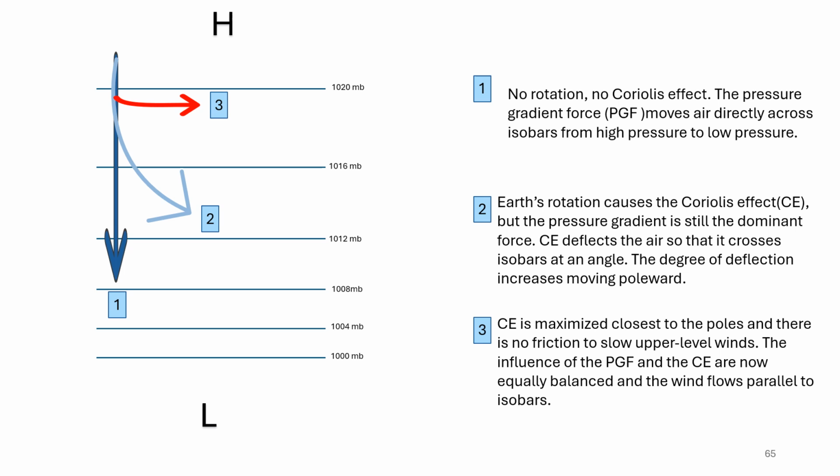They are in equilibrium. They are both exerting the same amount of influence, and that causes the Coriolis effect to bend a lot more than it normally would, and it actually pushes that wind flow parallel to the isobars. We call that parallel flow geostrophic flow, and the winds that are blowing parallel to the isobars are geostrophic winds.